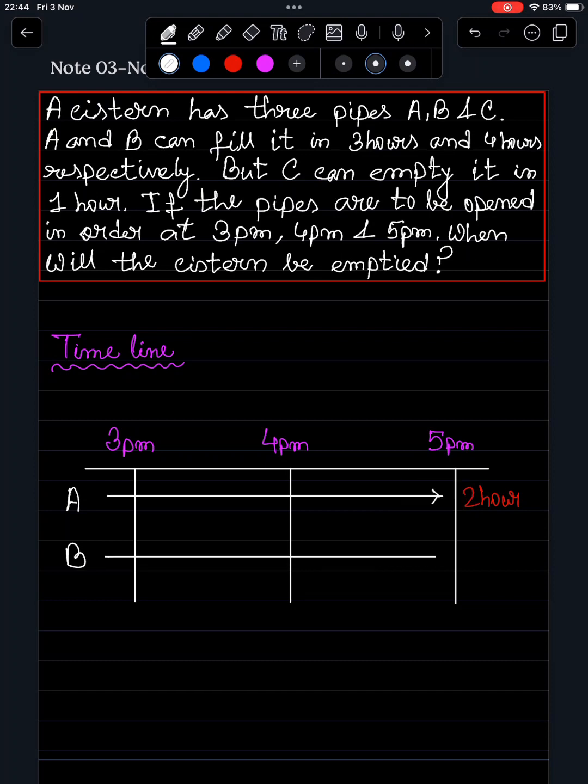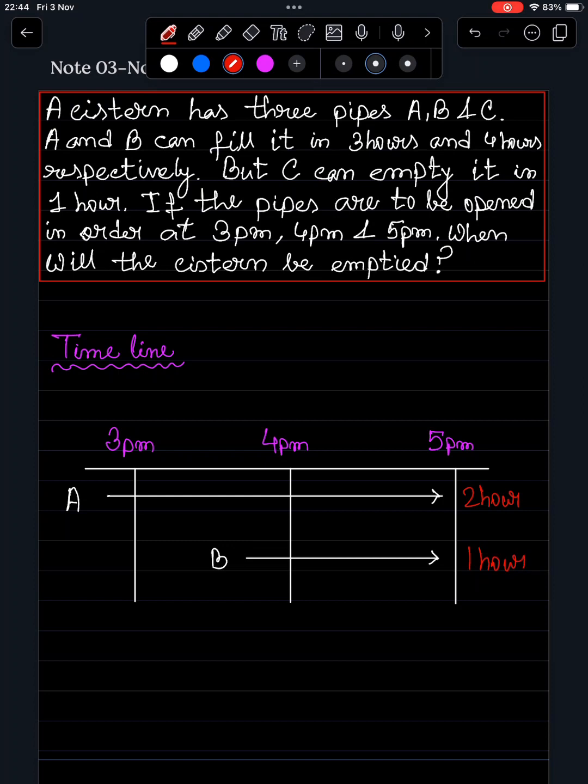And pipe B was started at 4 pm. That means 4 pm to 5 pm, 1 hour, pipe B has worked before pipe C was started.